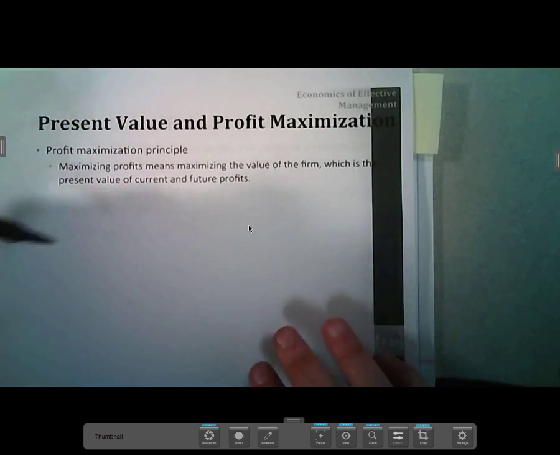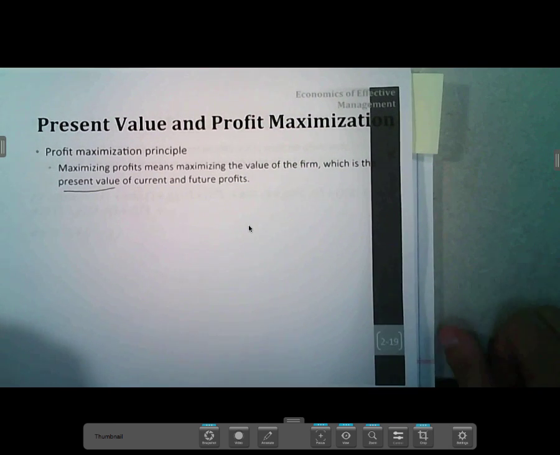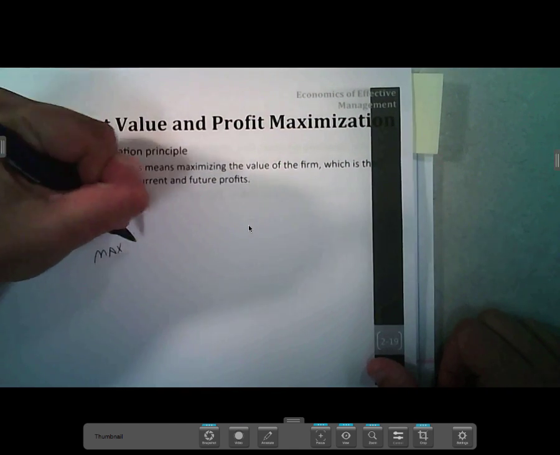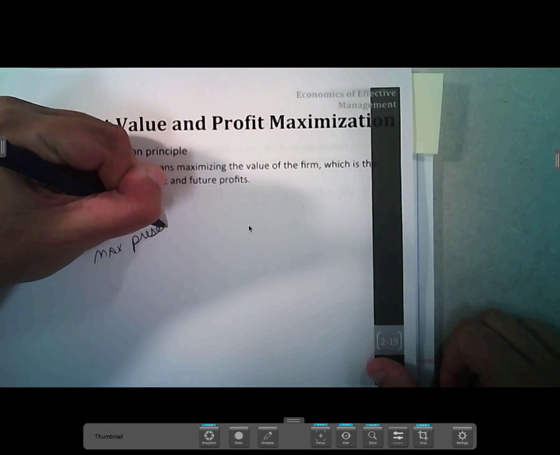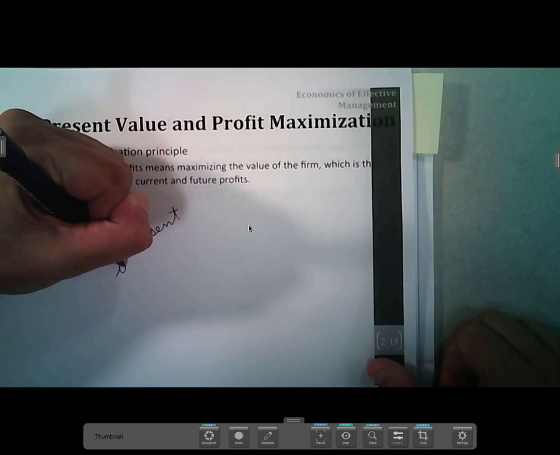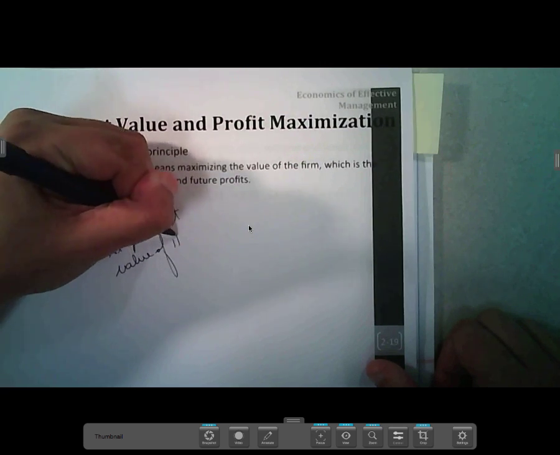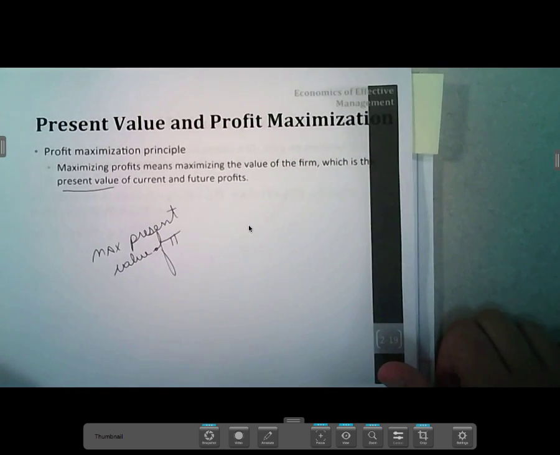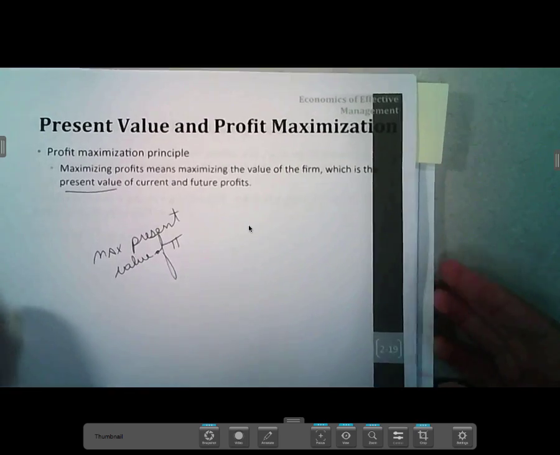And the way that we're more precise is that we talk about things in terms of present value. I'm actually trying to maximize the present value of my profits, where PRI stands for profits.